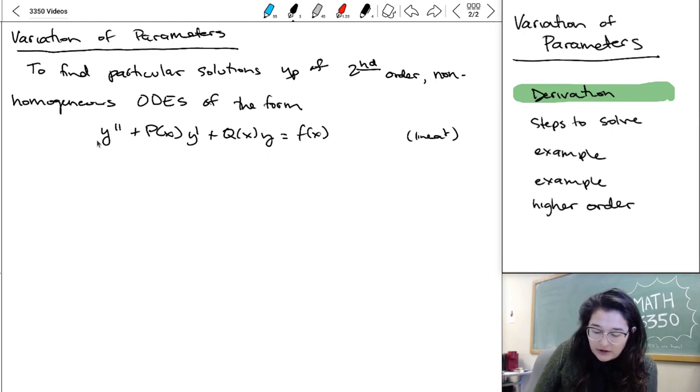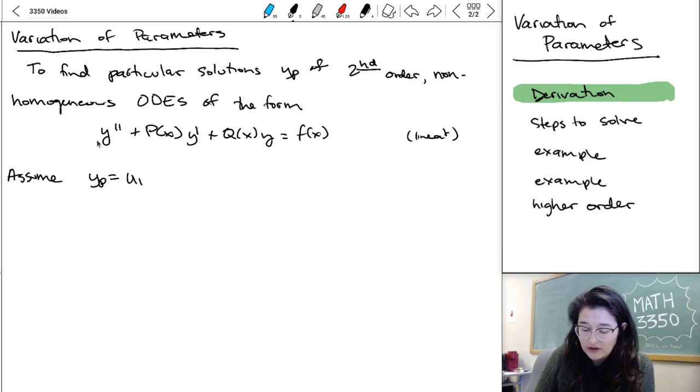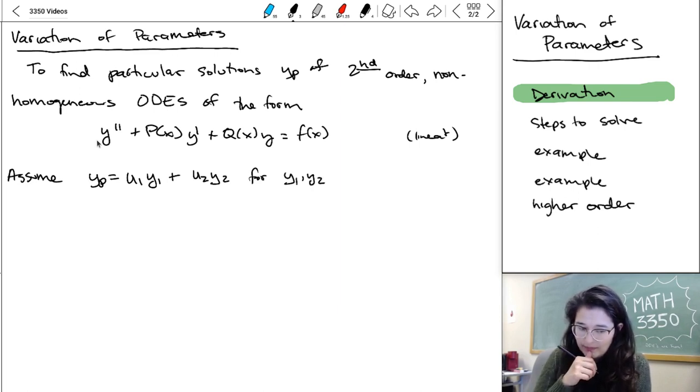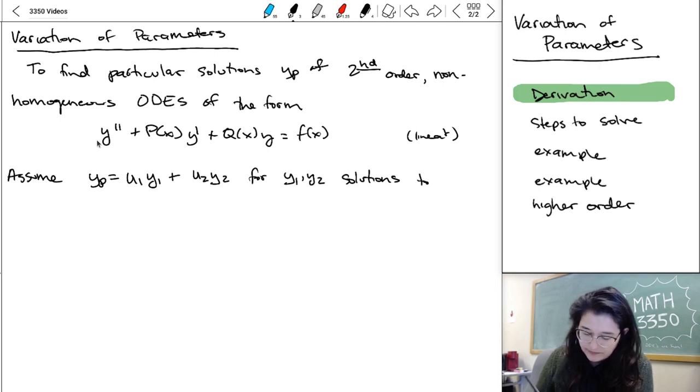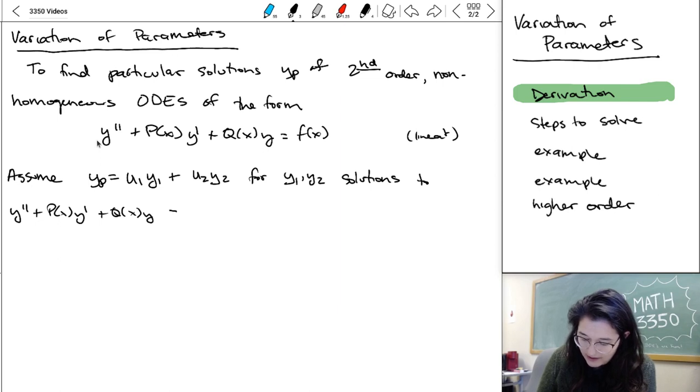Our overall approach is going to be that we assume y sub p takes the special form that it's some function u1 times y1 plus some function u2 times y2, for y1, y2 solutions in that fundamental solution set to the homogeneous ODE, y double prime plus p of x y prime plus q of x times y equal to 0.